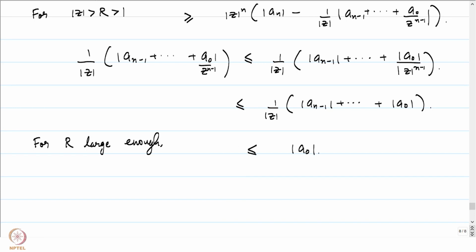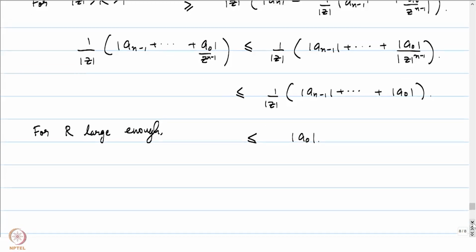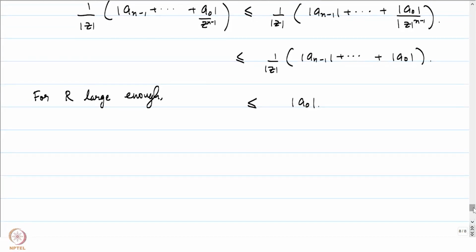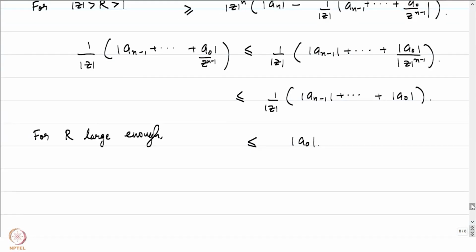By picking mod z to be greater than R, we have 1 by mod z to be less than 1 by R, and by picking R large enough, this can be arranged to be less than or equal to mod a n. Of course, mod a0 can also be arranged, but we would like to have it less than or equal to mod a n.